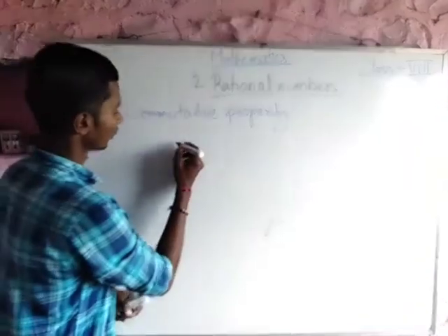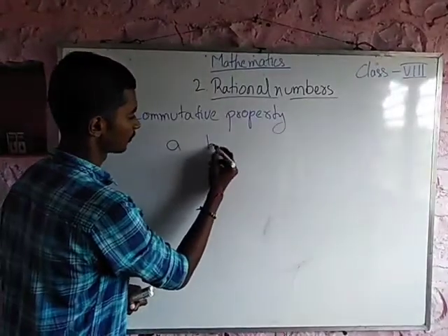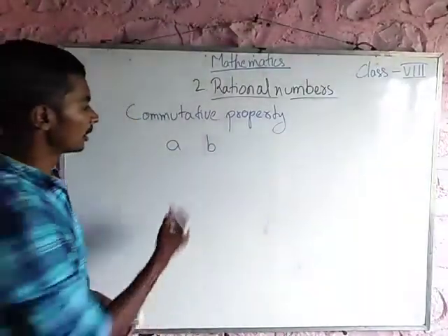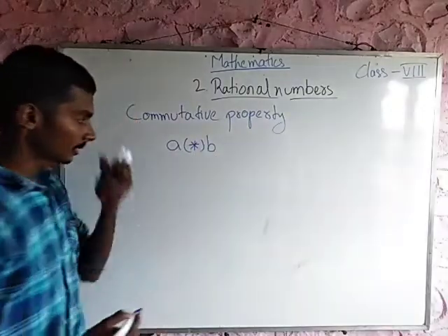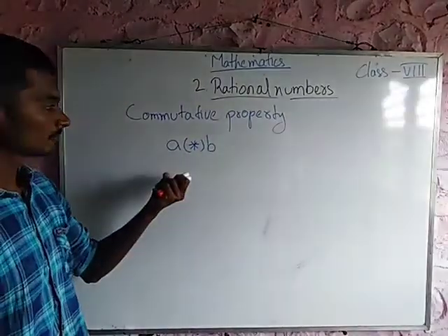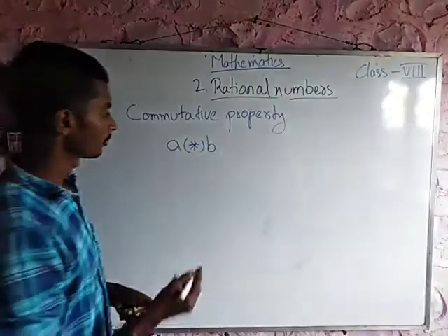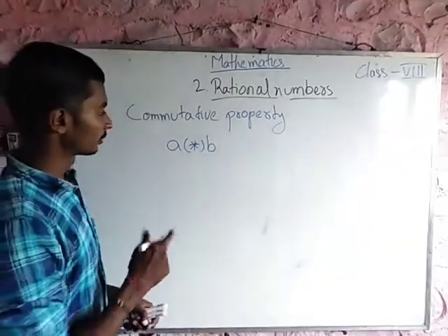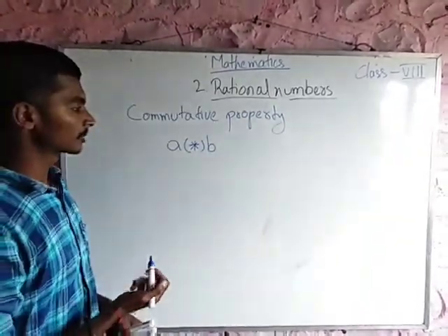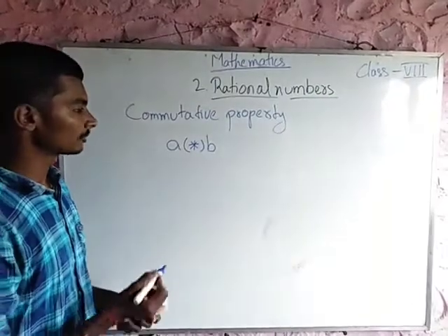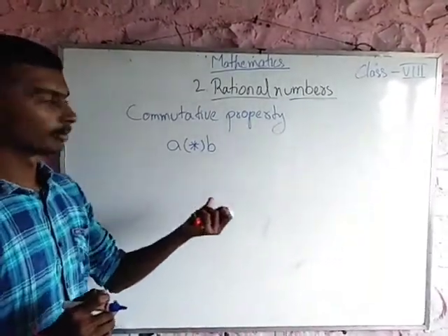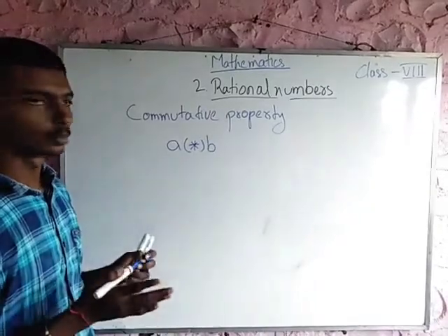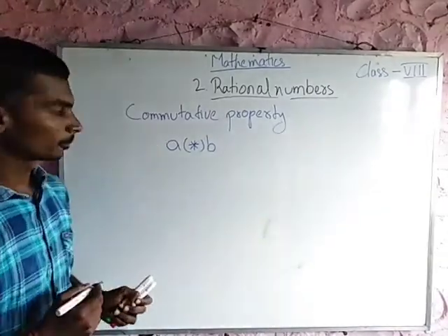If I take any numbers like a and b and do any operation on them, and if I interchange the numbers around the operation, the result must be the same, then we say that those numbers and that operation hold good for the commutative property.